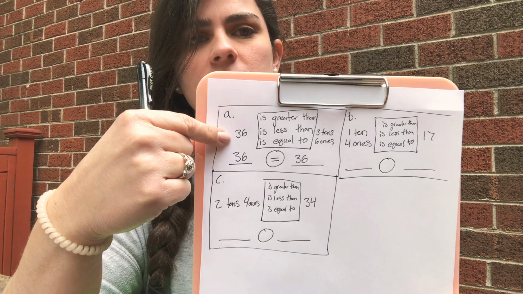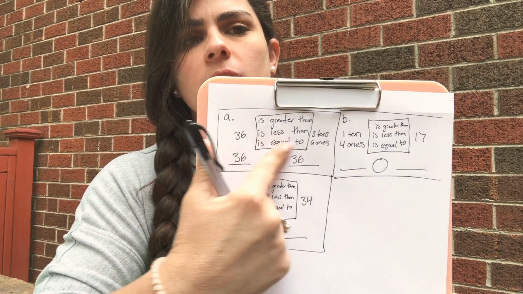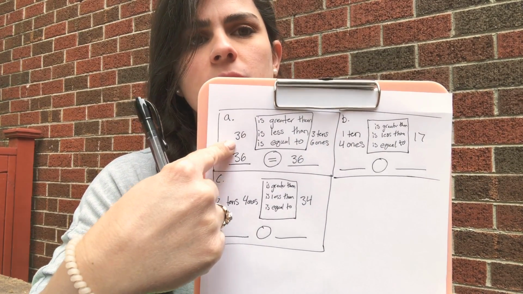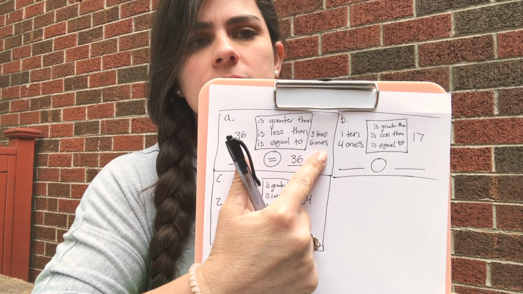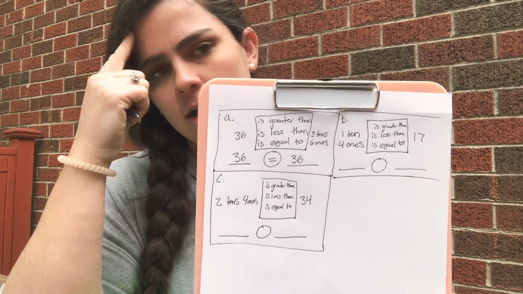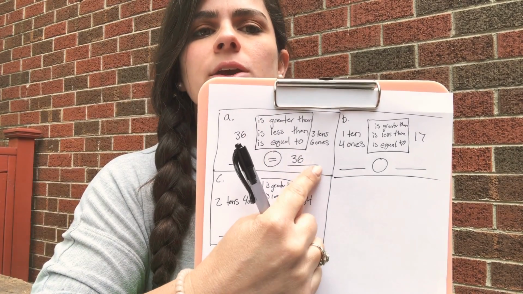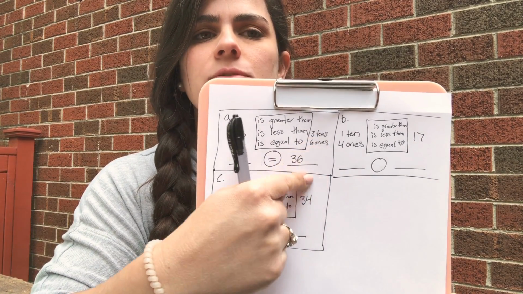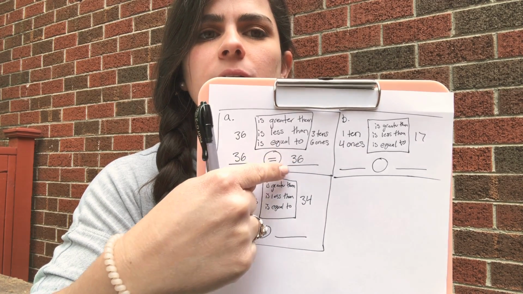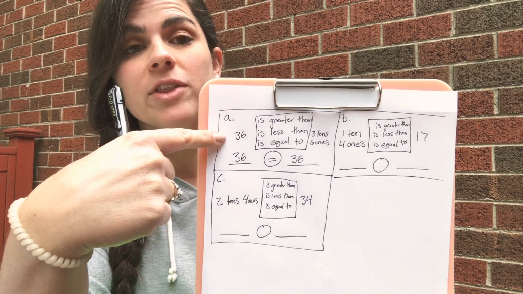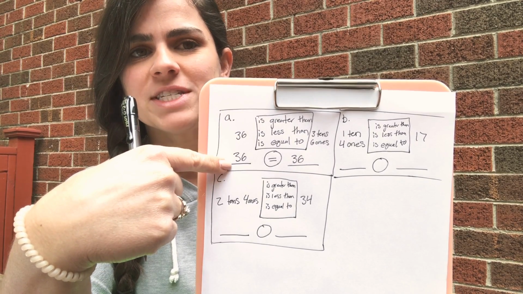A, it has 36 on this side. You're going to look on the sides of the boxes to see the numbers. 36 on this side, 3 tens, 6 ones on this side. So just like that second to last problem we just did, you're going to write this out. Write 3 in your tens place, 6 in your ones place. You get the number 36. On this side, you already see it in the number 36.